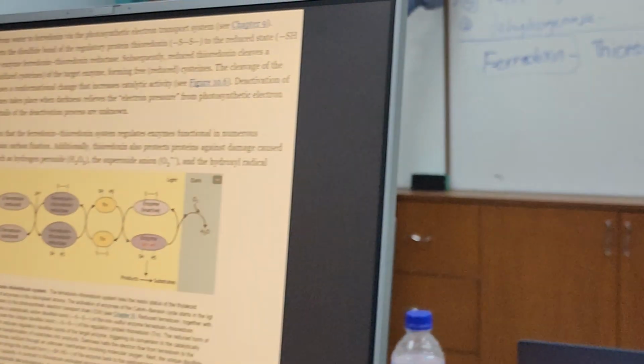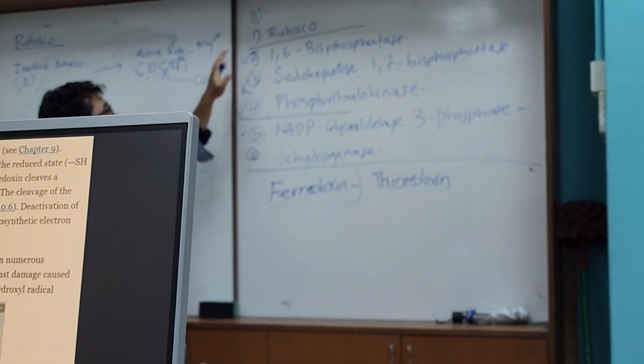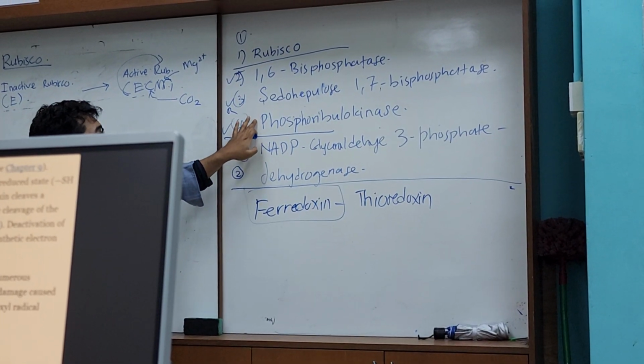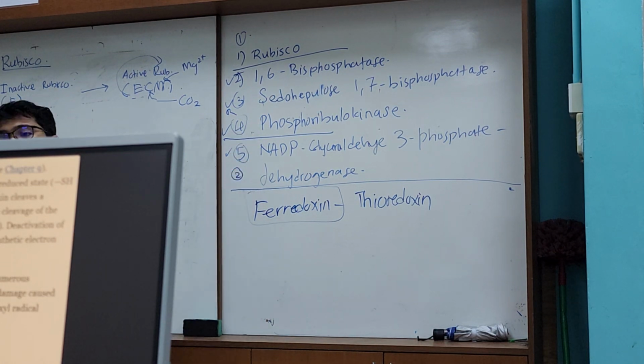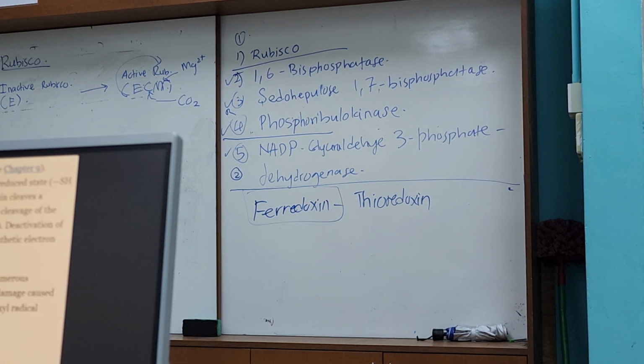One is needed for the carboxylation phase, 3 enzymes are needed for the regeneration phase, and another 1 enzyme is needed for the reduction phase. Right. So no matter where you run, you still need light to somehow activate this thing.